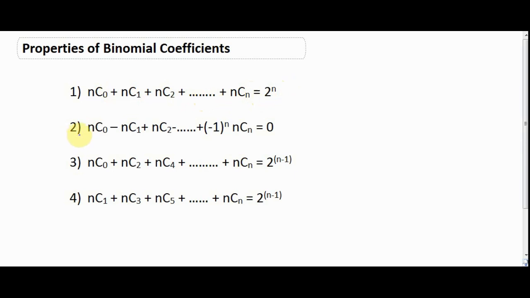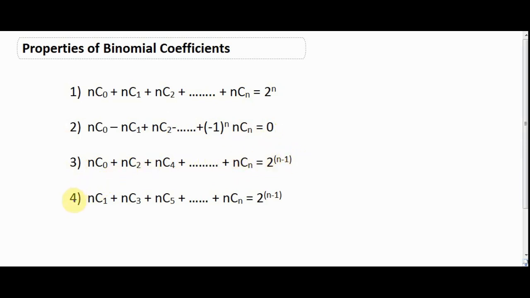Now the second property says nC0 minus nC1 plus nC2 minus etc. plus minus 1 raised to n nCn will be equal to 0. Now the third property says nC0 plus nC2 plus nC4 plus etc. will be equal to 2 raised to n minus 1.